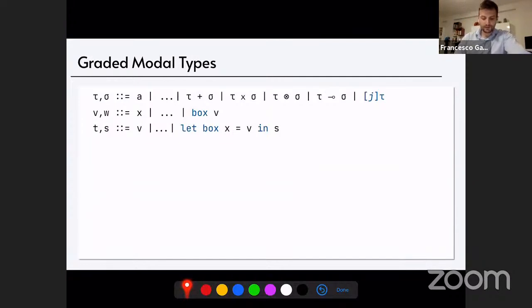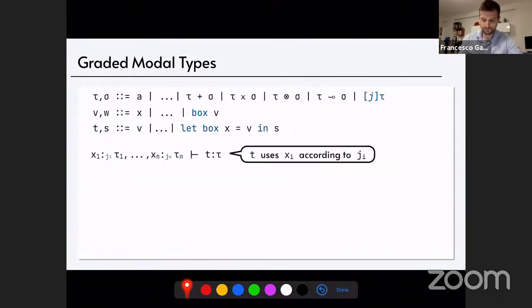Now that we have extended the type system, we also extend the syntax of the language, and so the language remains pretty much the same, but now we add constructs for introducing and using programs of modal types. Again, this is not really relevant. The crucial point is that now the typing judgment has this shape. In particular, we have these assumptions here that are telling us that, for instance, the program t is using the input x1 according to the grade j1.